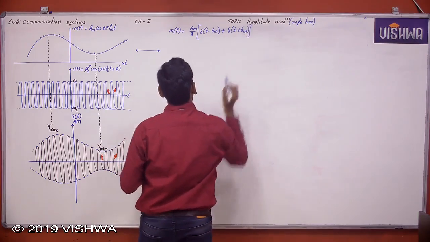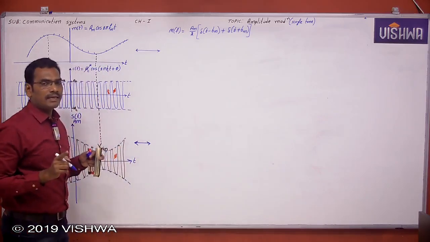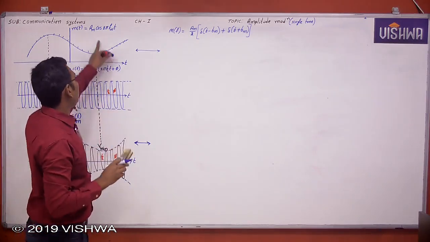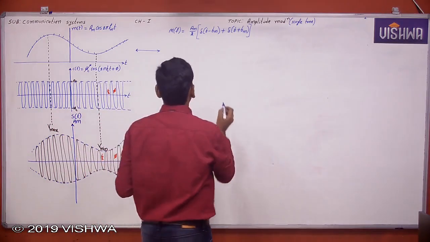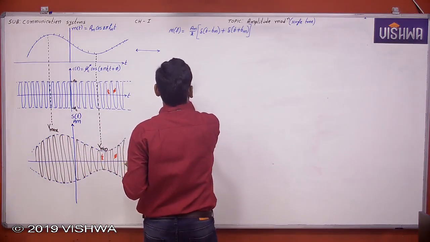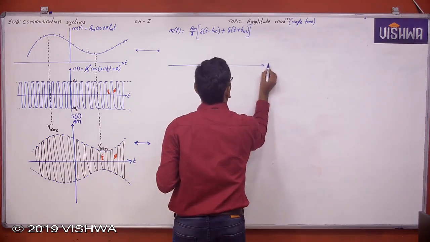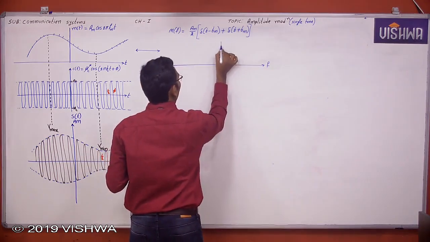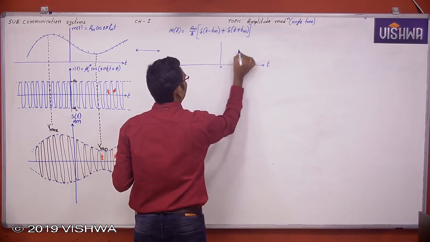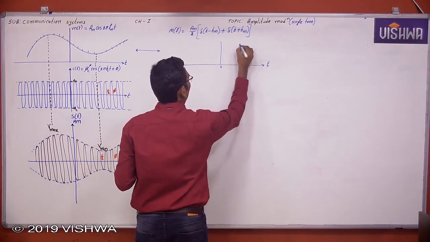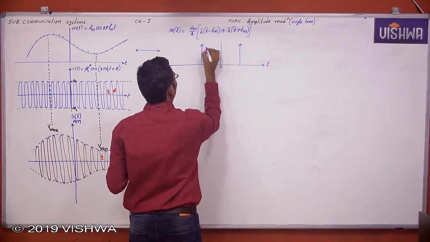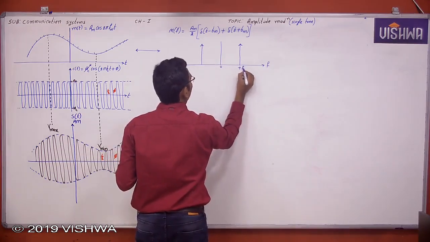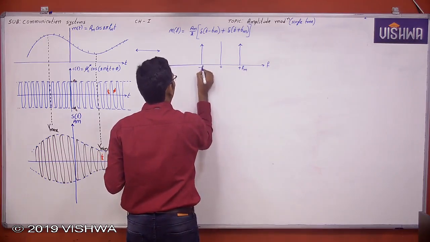And I have already explained, whenever the signal consists of only one frequency, the spectrum always consists of impulses. What is this spectrum? Impulse. One impulse is at plus fm, another impulse is at minus fm.